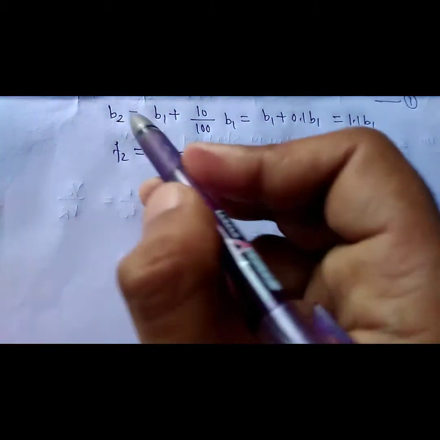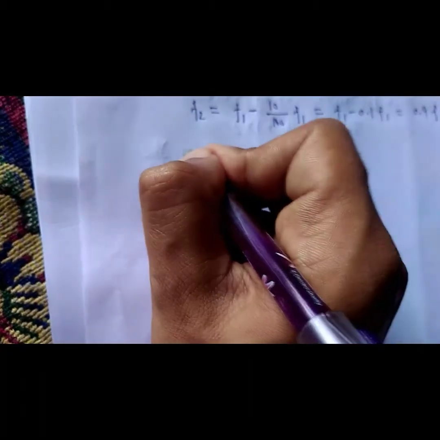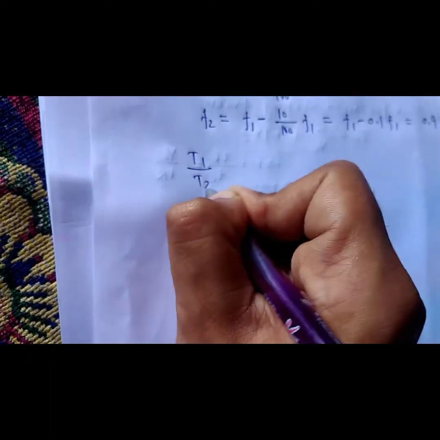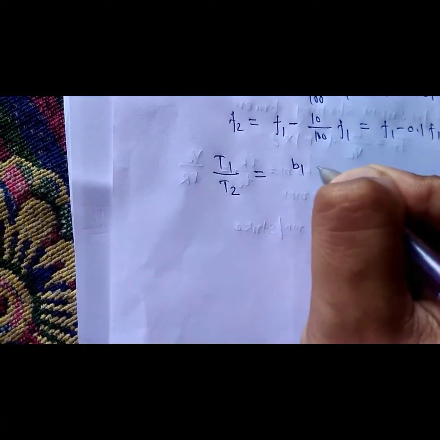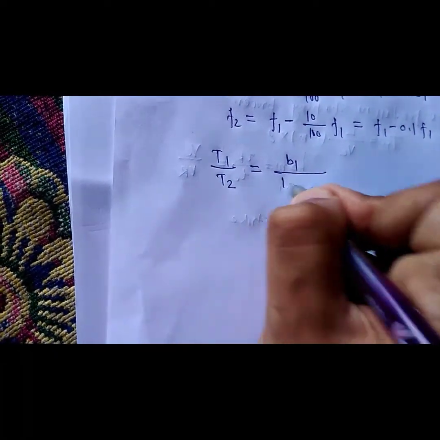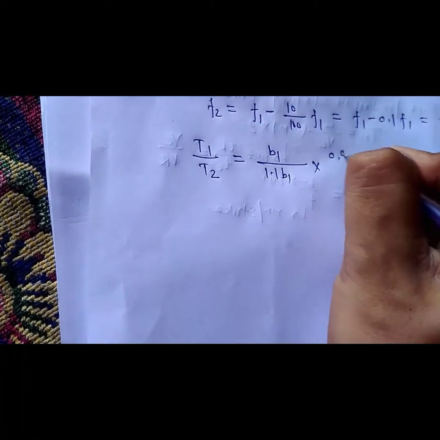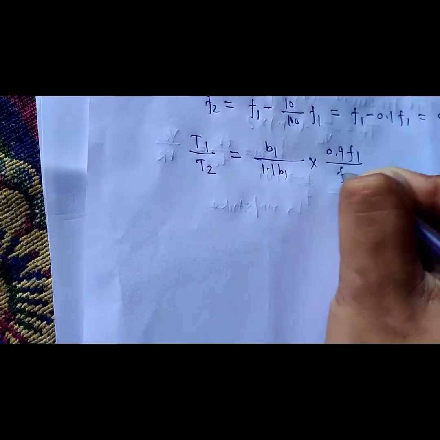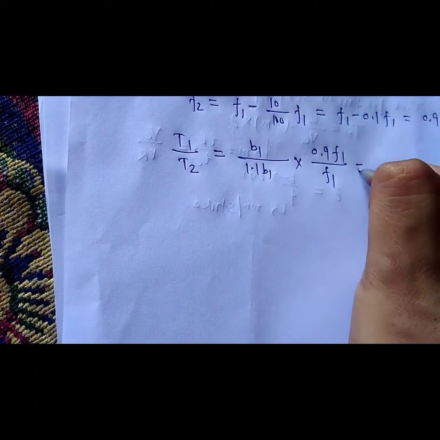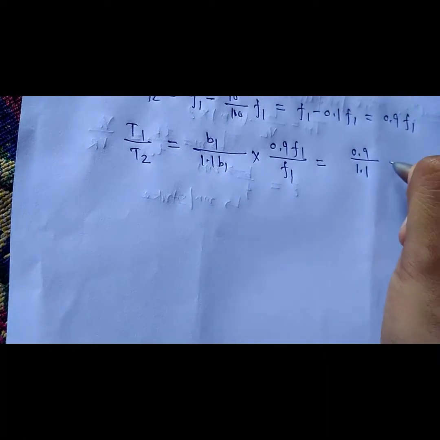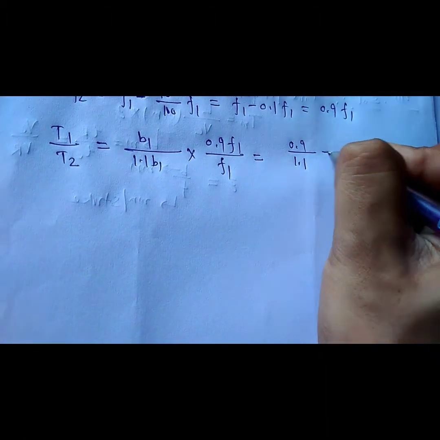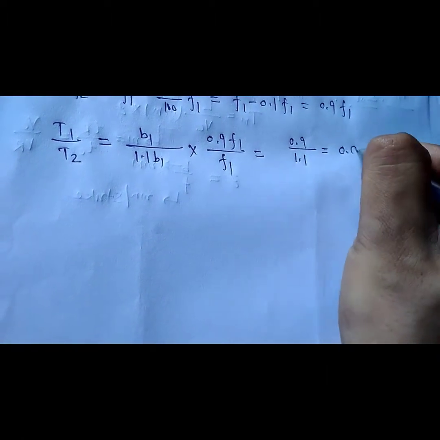So putting B2 and F2 in equation first, T1 upon T2 will be equal to B1 upon B2, where B2 is equal to 1.1 B1, and F2 equal to 0.9 F1 upon F1. So finally it will be equal to 0.9 upon 1.1, and when we calculate, this value comes out to 0.8.